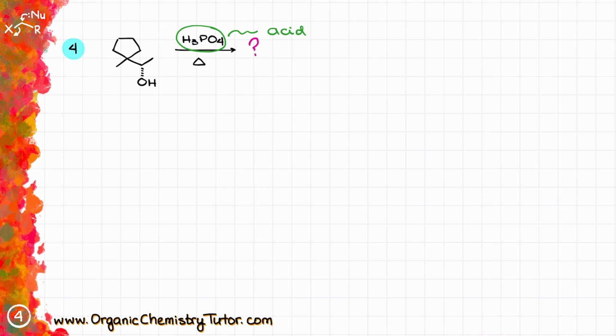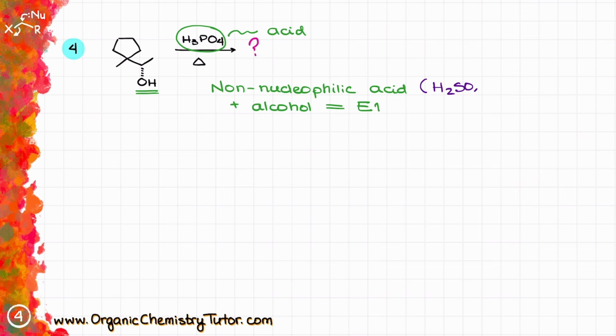The next thing that I'm seeing is that this is an alcohol. An alcohol plus acid, especially a non-nucleophilic acid like H3PO4, is generally a good recipe for the E1 reaction. And when I say non-nucleophilic acid, I typically mean things like sulfuric acid, H2SO4, and phosphoric acid, H3PO4.